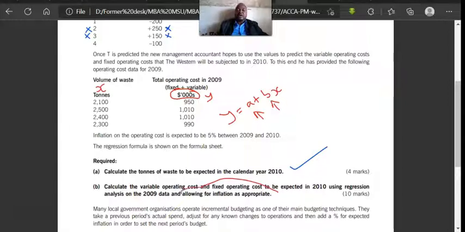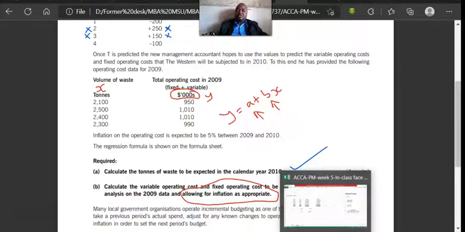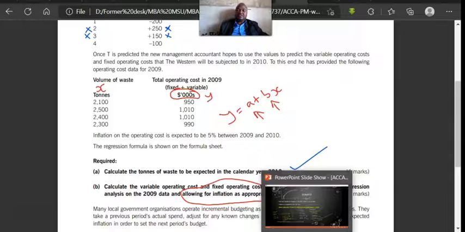So we need to allow for inflation. We have already determined the variable cost per unit, but without incorporating the inflation figures.